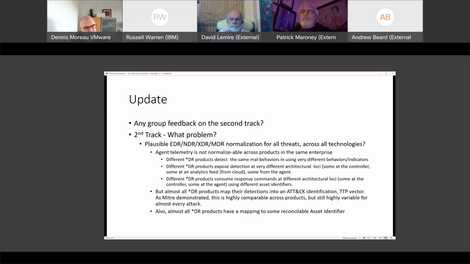Because of that, you can't really interact with them at the TTP layer in terms of getting that from the agent telemetry and using it to inform response or to synchronize or coordinate the behavior across different products in the same enterprise. The second challenge is that they expose the detection at different places.